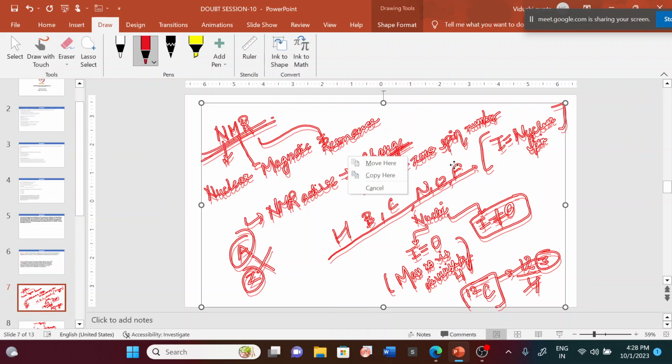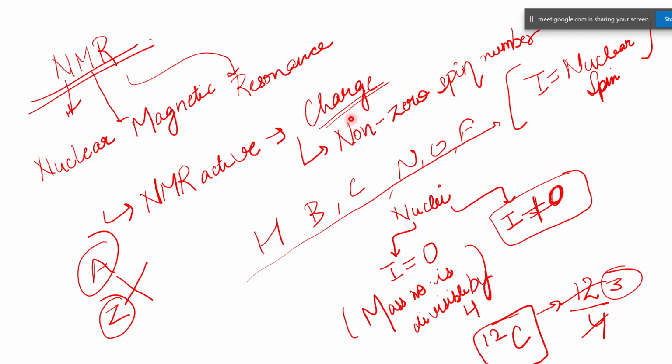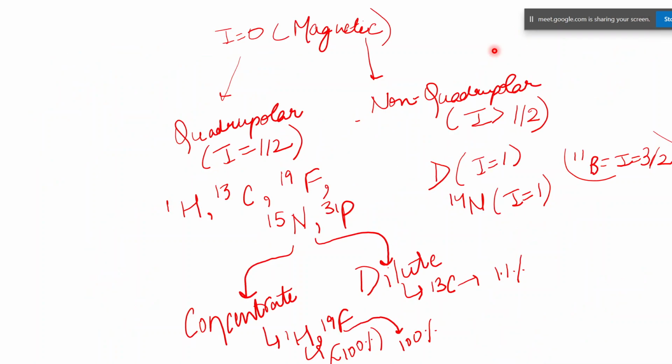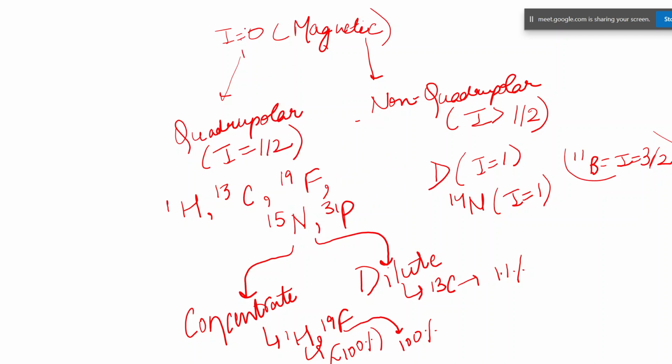The second criterion is non-zero spin number, that is, I should not be equal to 0. Now you have divided the nuclei into two: those nuclei that are non-magnetic, with the I value 0, are NMR inactive nuclei.